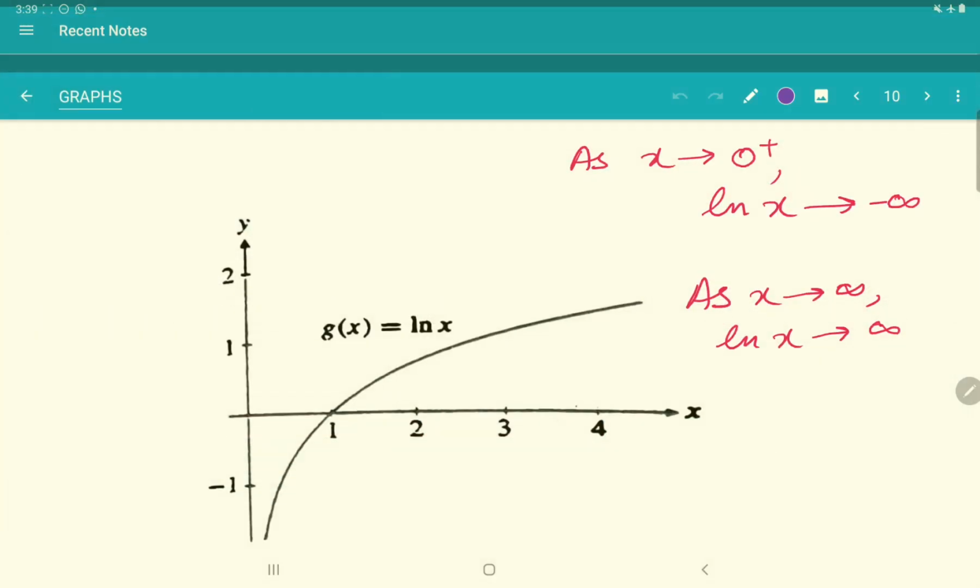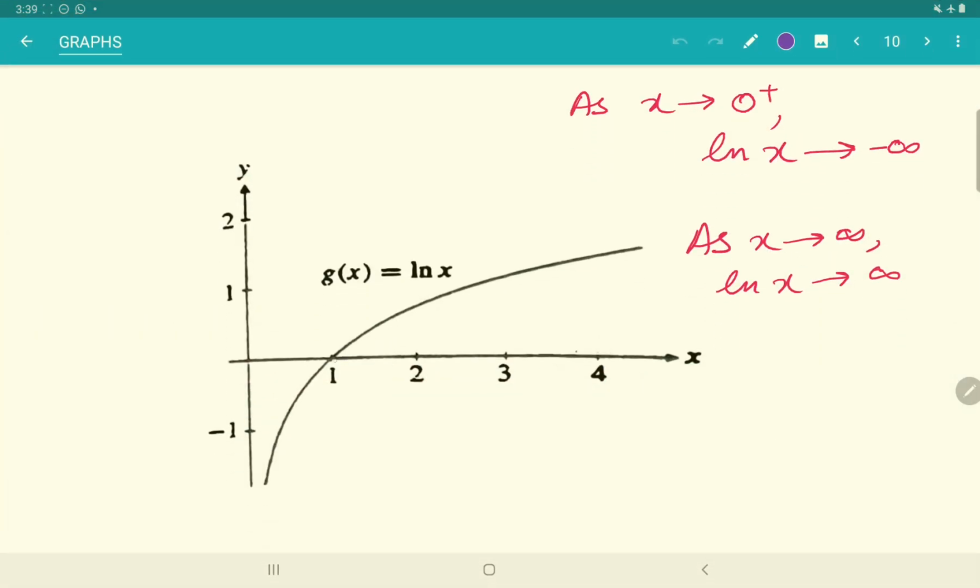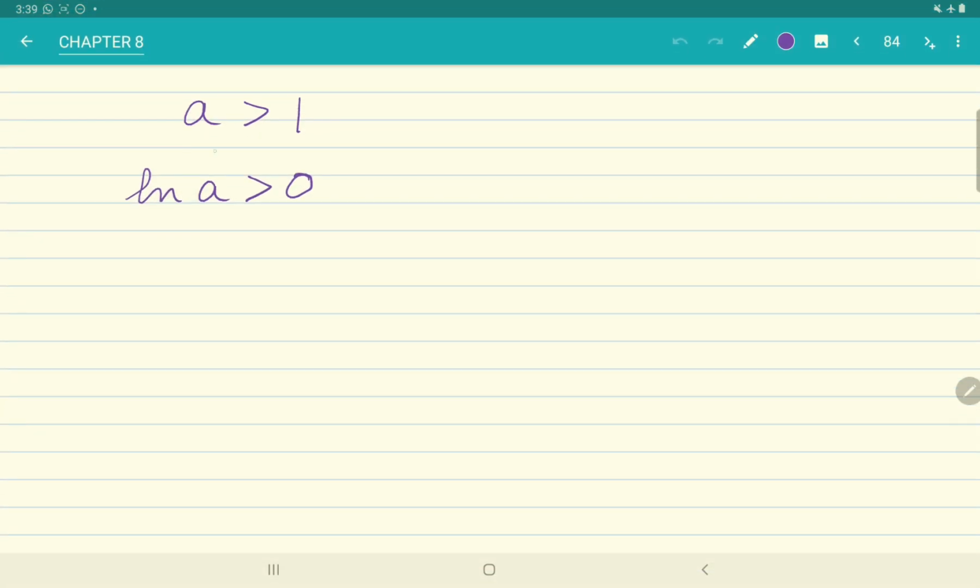Whenever x is greater than 1, ln x is greater than 0. If x is less than 1 and greater than 0, ln x is less than 0. But what I see here is that as a is greater than 1, ln a is greater than 0.